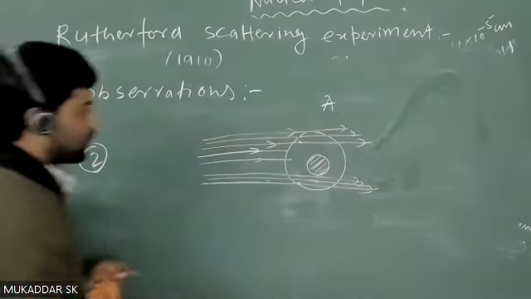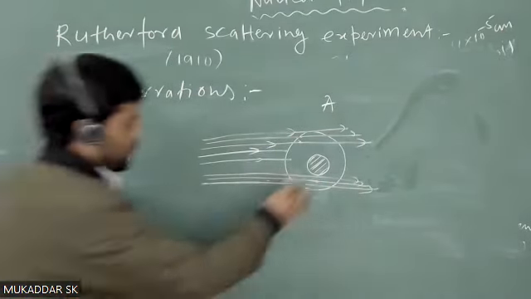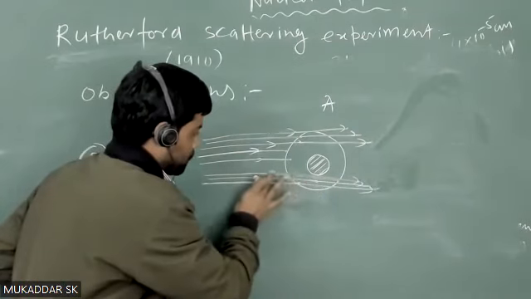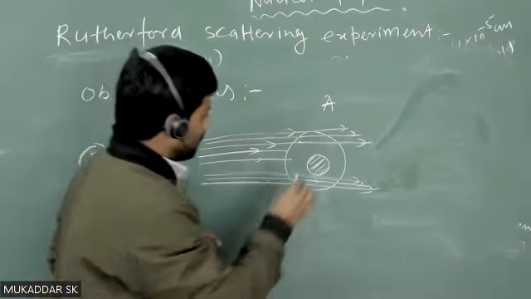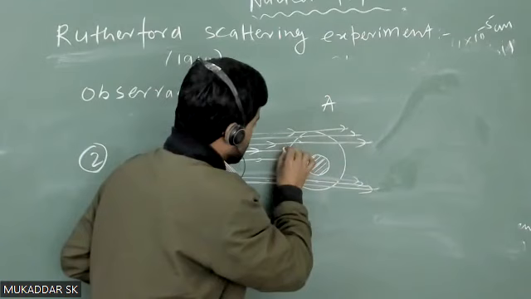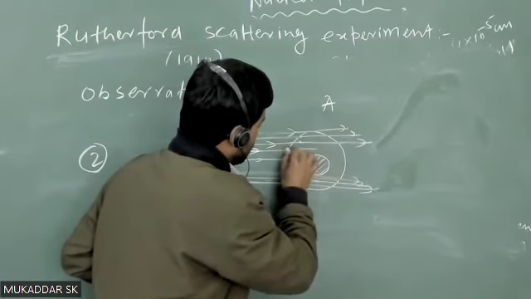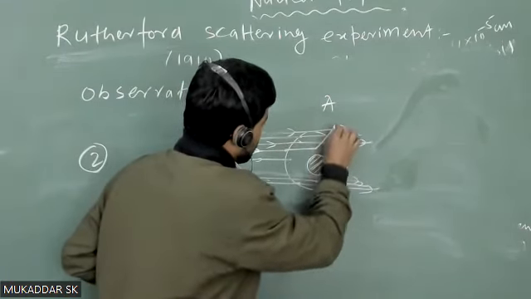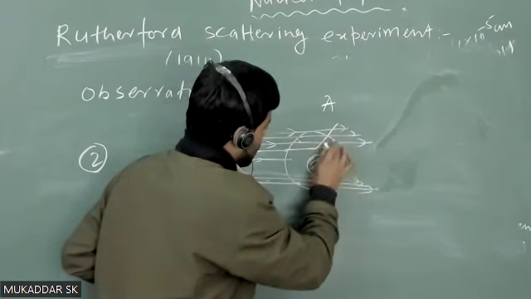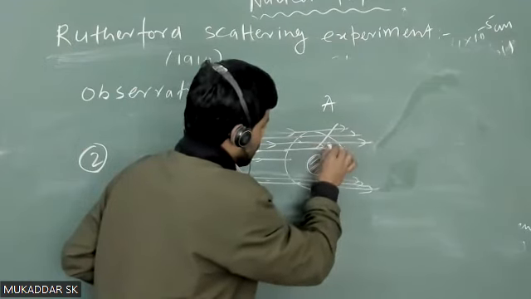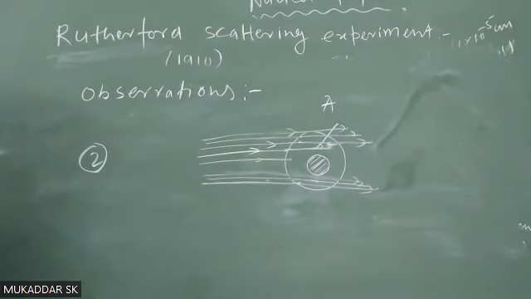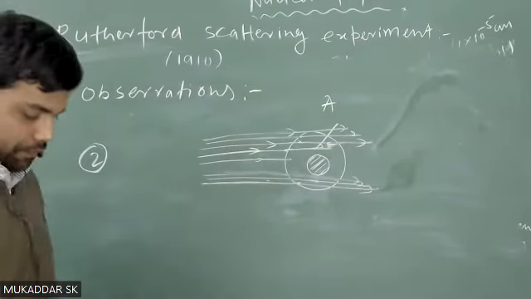But few alpha particles are actually scattered. Few alpha particles are scattered at small angle theta. That was the second observation.